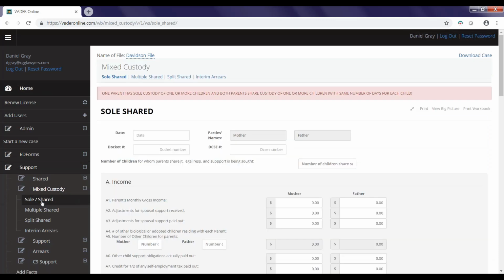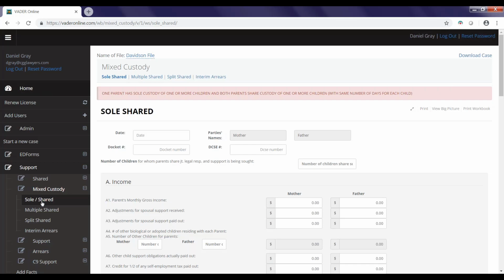So, for years and years, the child support guidelines covered 3 different situations. You had the sole custody guideline, which covered situations where only one parent had the children for the majority of the time, and the other parent had the kids for less than 90 24-hour periods in a given calendar year.